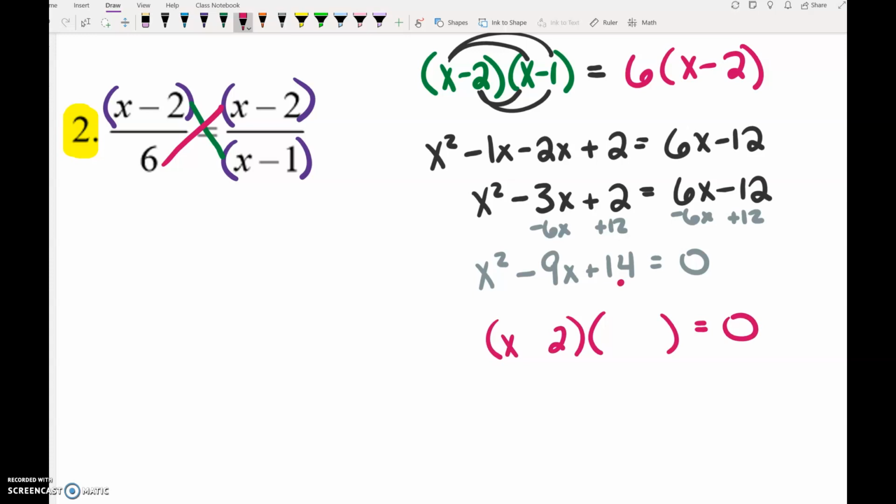I'm guessing that's going to be 2 and 7. Isn't that like the only thing besides 14 and 1? Those two numbers have to add up to negative 9. So they both need to be negative. Okay. So what are my solutions? Positive 2 and positive 7. There are two possible solutions.